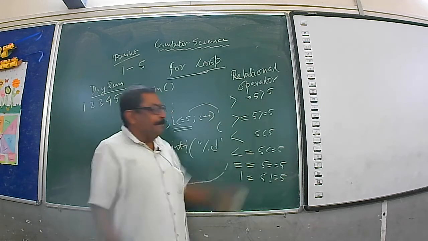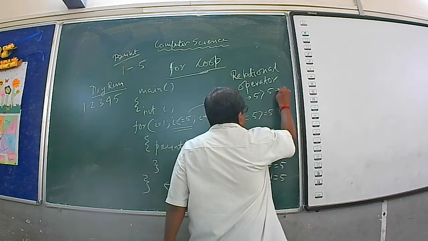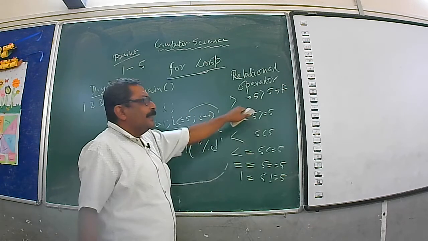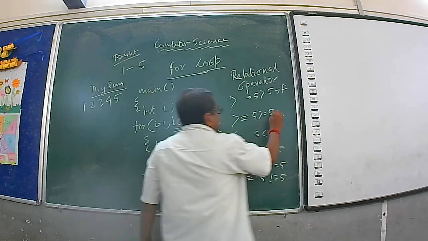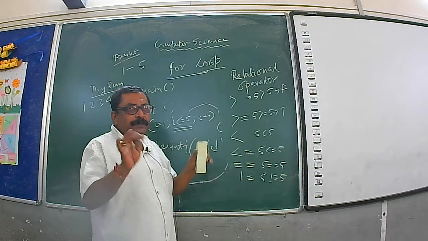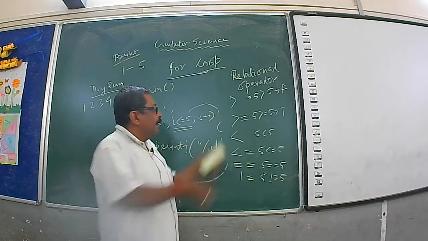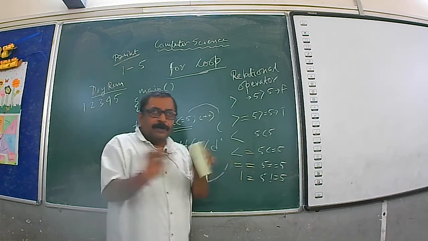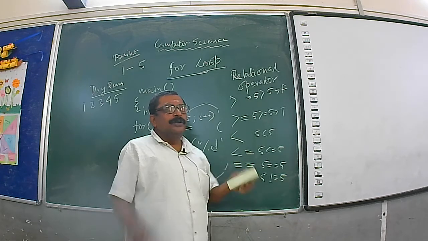5 greater than 5, false. 5 greater than or equal to 5, true. I am not giving anything like that, I am just saying that 5 greater than 5 is false. You just check it out.